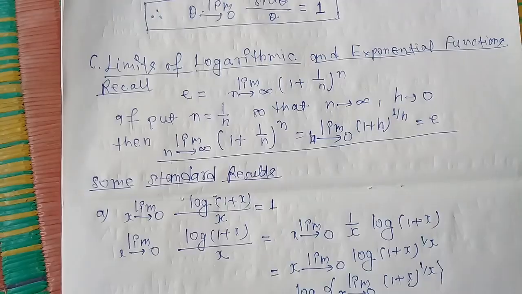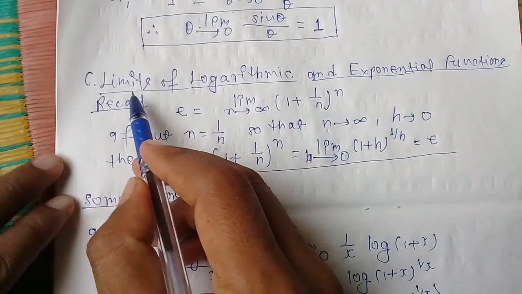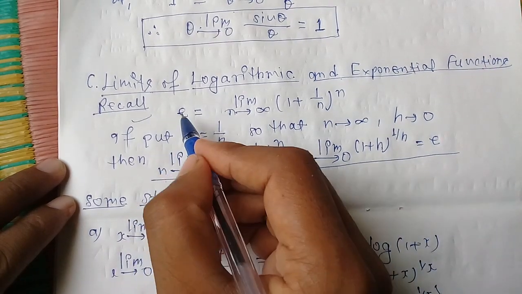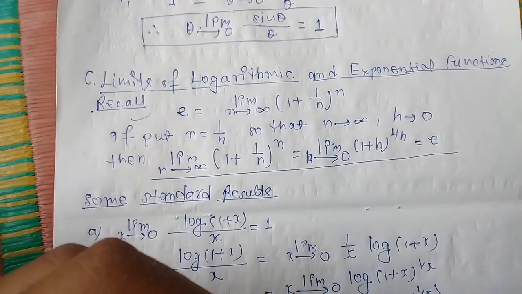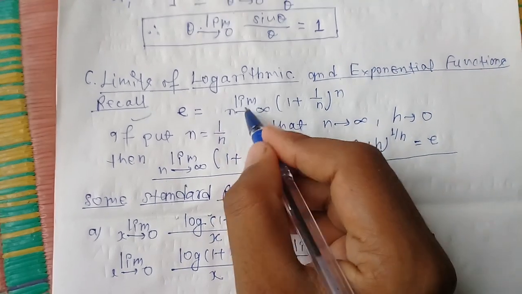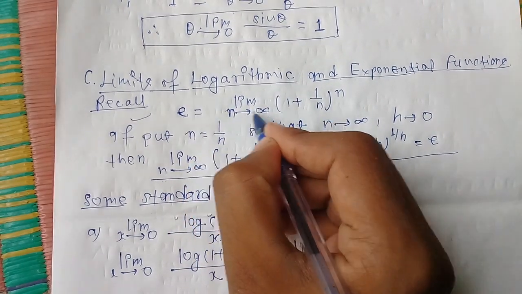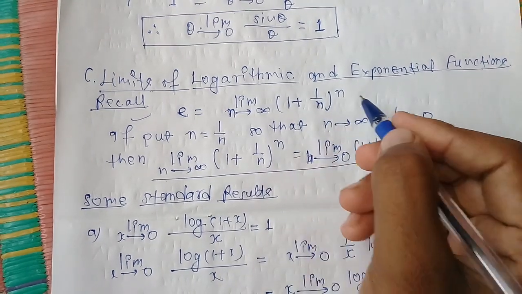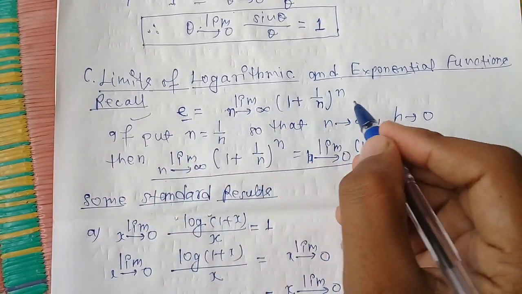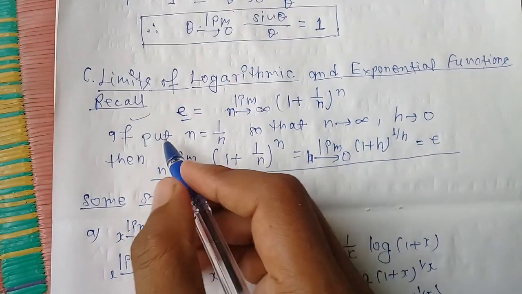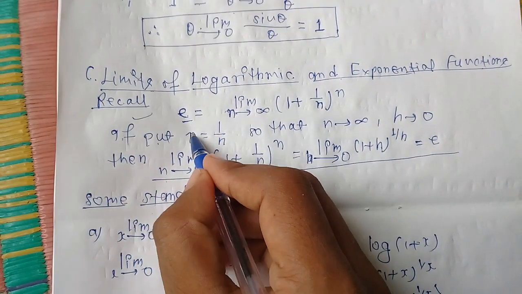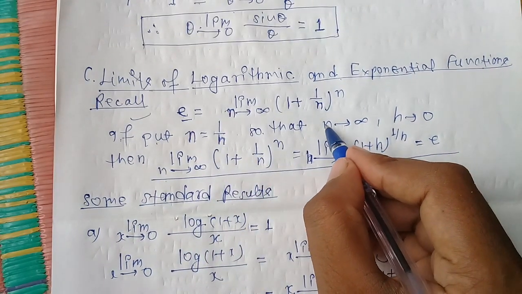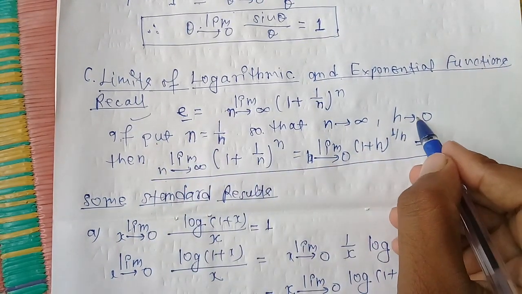Okay. Limits of logarithmic and exponential functions. We already know that as n tends to infinity, if it is in this form, it will give e. Now if we put n equal to 1 by h, then as n tends to infinity, h tends to 0.